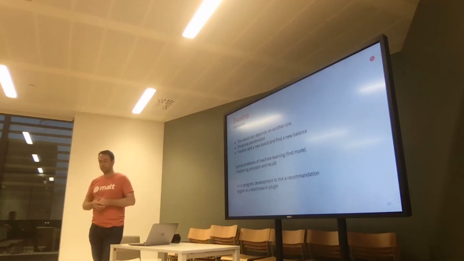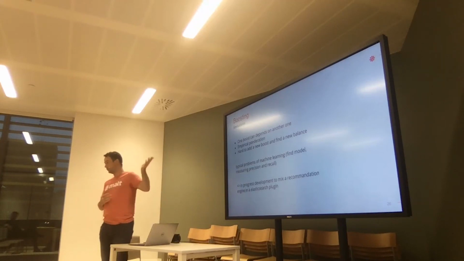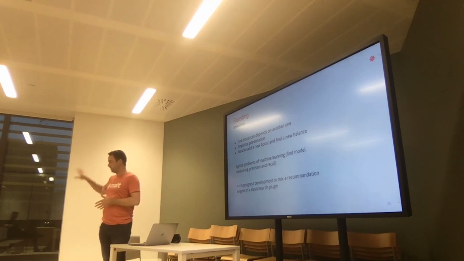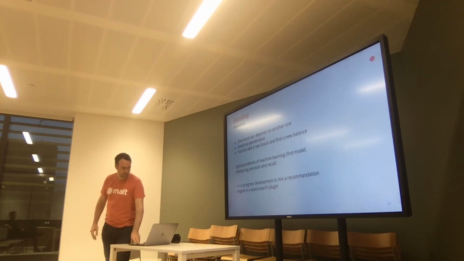We now have a rescore function that allows us to completely rescore the different people with a machine learning algorithm that is living outside of Elasticsearch. We are testing it since a few days, so that's quite new, and we can't say a lot for the moment.